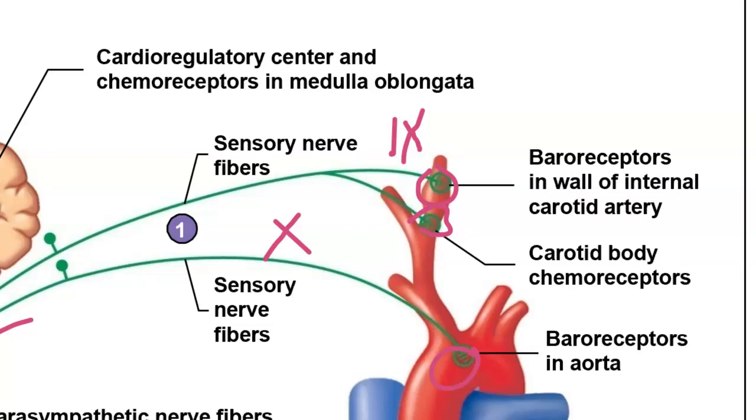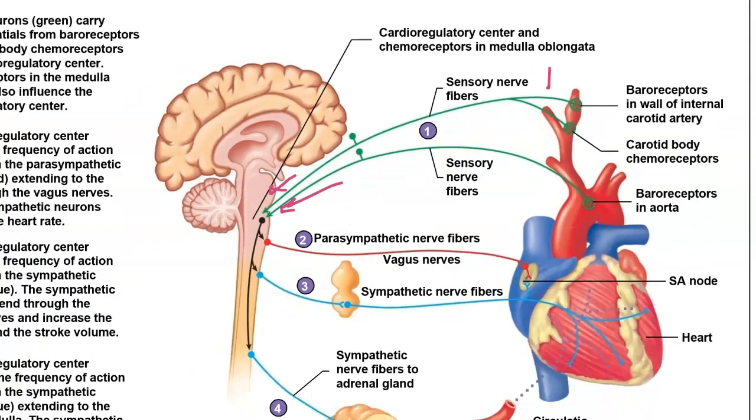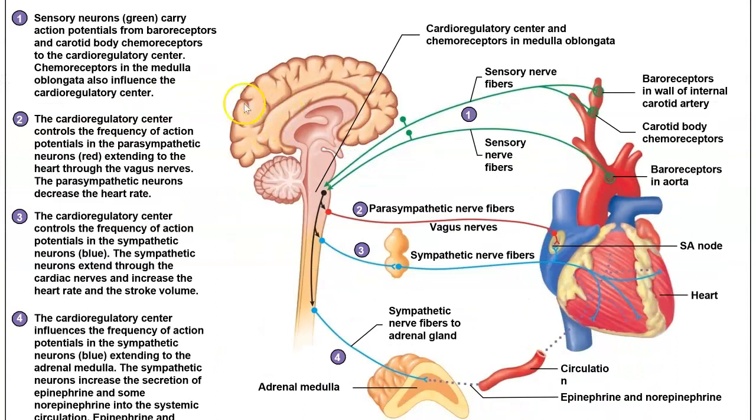Those two are going to carry this information to the medulla oblongata, which is the control center for cardiovascular regulation.